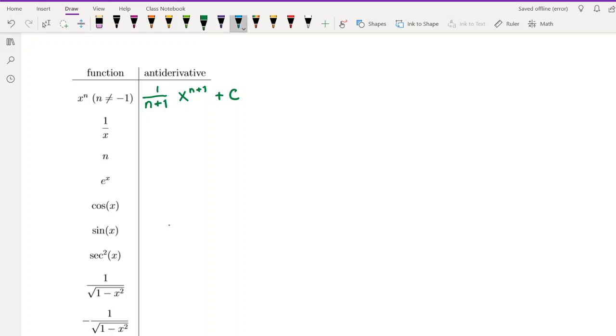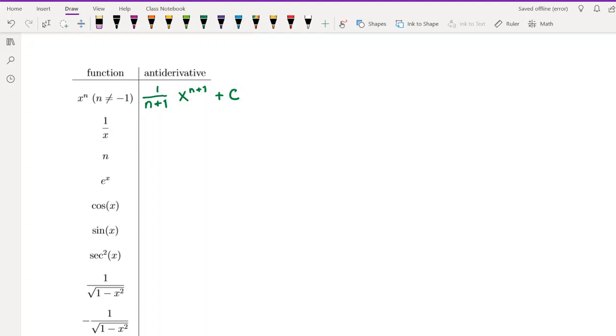And I think I'll alternate colors because I think that'll make this a little bit more legible. So in yesterday's video, we saw that in the case where n is actually equal to -1, that gives you 1 over x, right? x to the -1 is 1 over x. And if that's your function, then it actually doesn't make sense to use this kind of power rule that we wrote above. And so instead, remember what an antiderivative is, right? An antiderivative is a function where when you take the derivative, you get this.